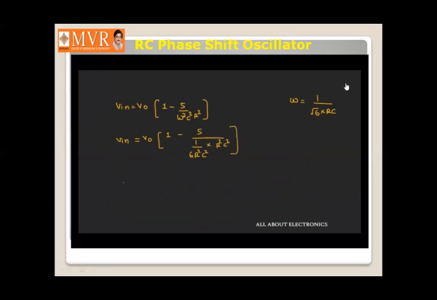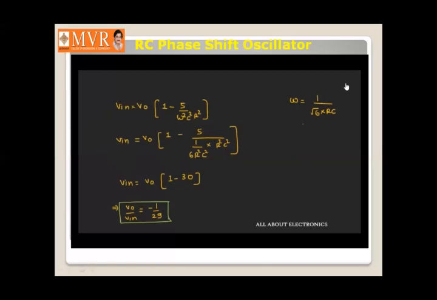If we simplify it, then V in will be equal to V out times 1 minus 30. Or we can say that V out by V in is equal to minus 1 by 29. So in this way, this RC network provides attenuation of 1 by 29, and the negative sign indicates that this RC network provides a 180 degree phase shift.